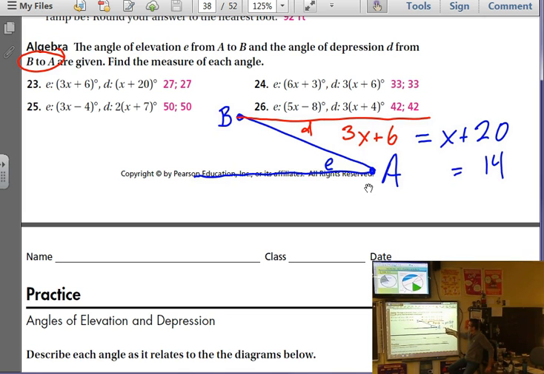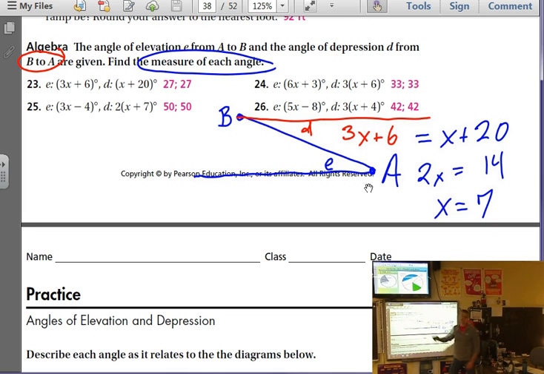I can combine my variables on that side and get 2x. X would then be equal to 7. When I plug 7 back in, the angle size is 27, because it says find the measure of the angle, not solve for the variable. Any other questions? Just set them equal, solve for it. Be careful with your distributive whenever we have the coefficient out in front of a binomial.